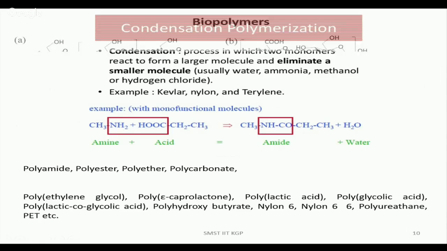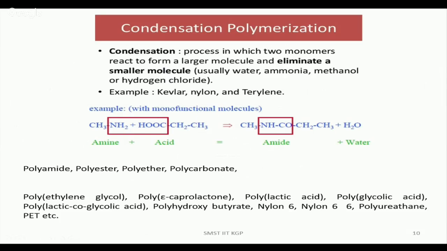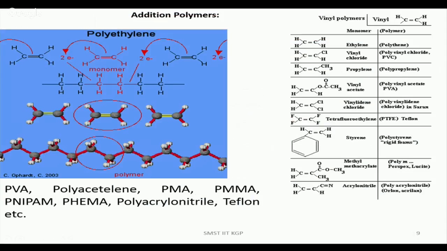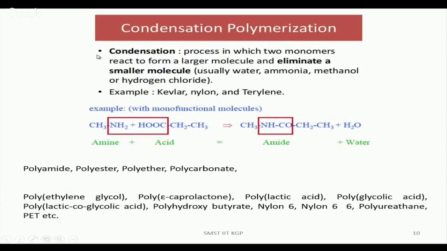And I can tell you one important thing: when you are doing condensation polymerization, as I said, the monomers should have at least 2 functional groups, whereas in case of addition polymers you should have at least 1 functional group. But in case of condensation polymers, if you have more than 2 functional groups, it eventually gives you a cross-linked product, right? And moreover, it is not very easy to carry out the polymerization reaction.